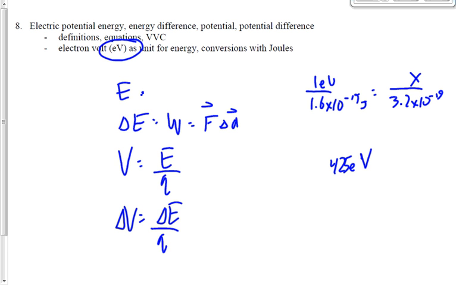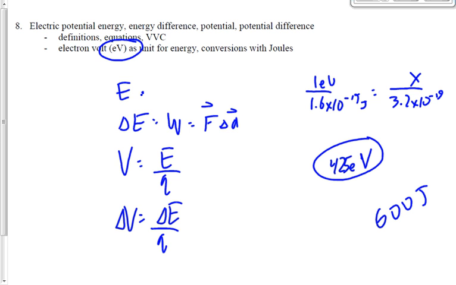You calculate your answer in joules, whatever that works out to be, and you say, oh, my answer's not there. Convert it to electron volts. Or maybe you get 600 joules, let's say, but the answer isn't 600 joules, the answer is 600 electron volts. Pay attention to those units. Not only do we need the right number, you need the right unit as well.